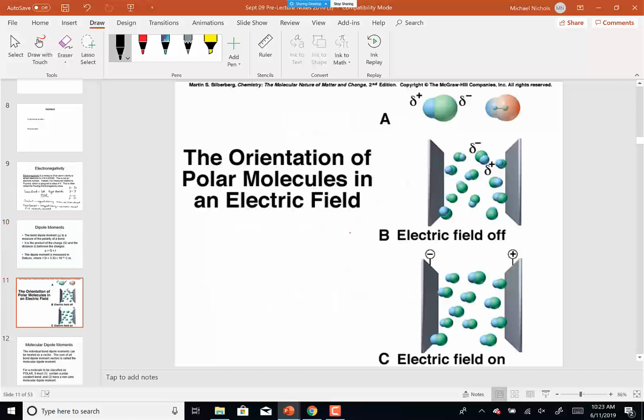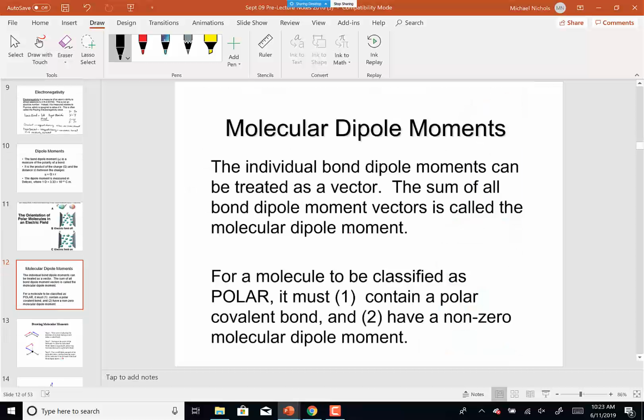And then molecules are polar because if you put them between two oppositely charged plates, they align themselves with the delta positive end towards the negative plate and the delta negative end towards the positive plate. That's how we know a molecule's polar. If we don't get any alignment, it's not polar.